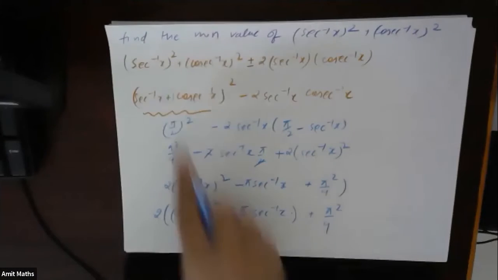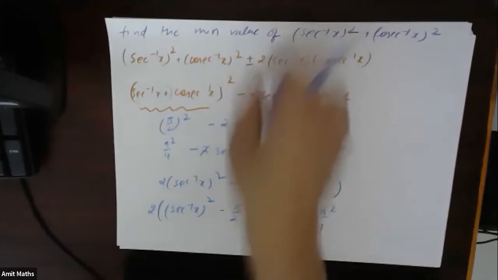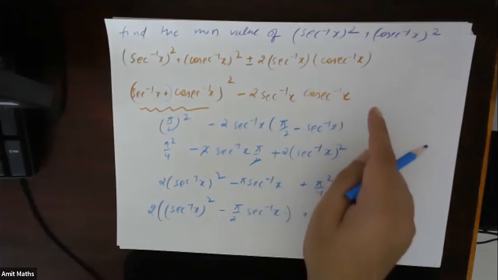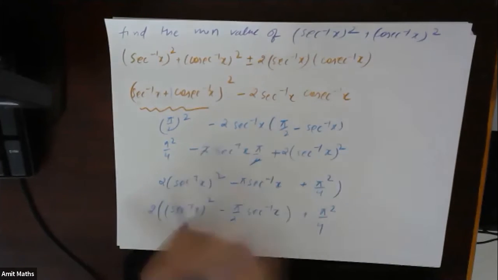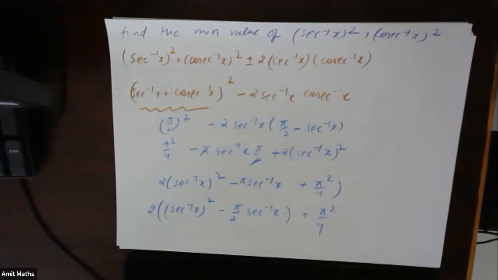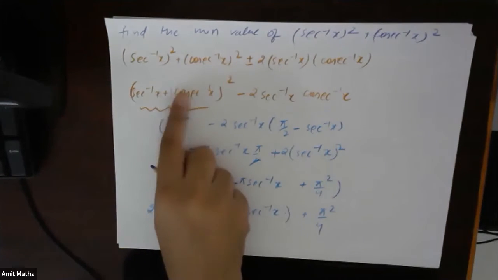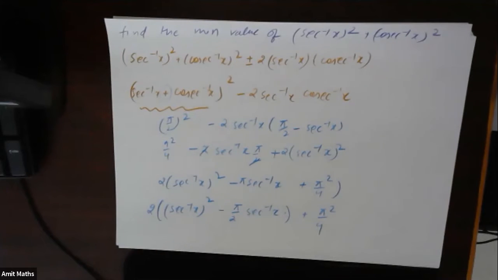That is why I try to bring plus here. If there were no property with plus, I would have taken minus and checked where they both are equal. Understood? In yesterday's class, the subtraction of these two was 0. Now here the plus of them is becoming a constant. Rahul, I hope you understood now.